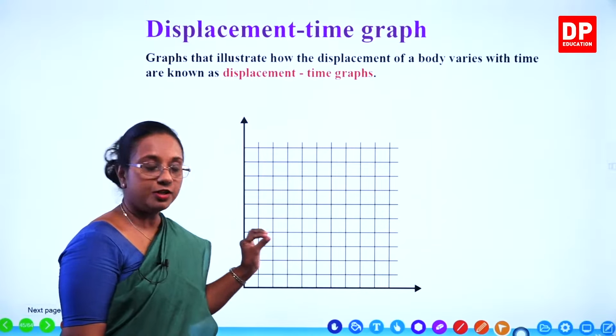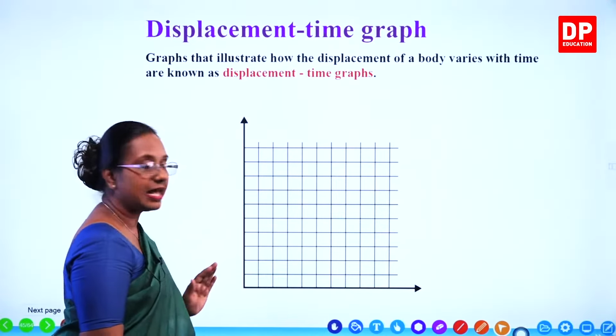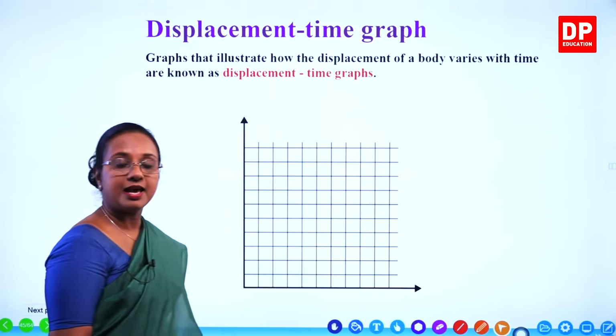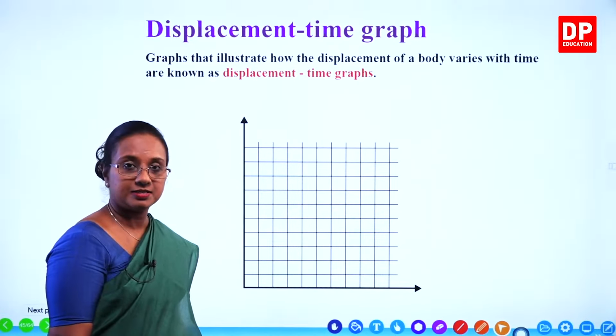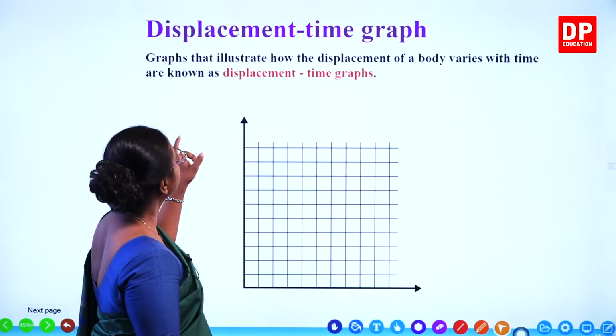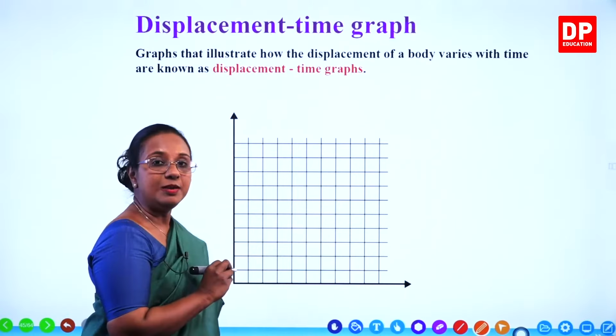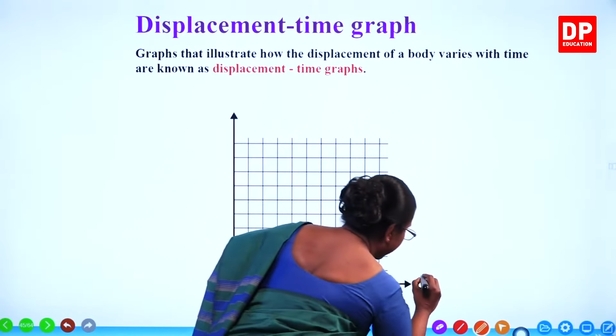In a graph, you all know this line, this axis is the y-axis and the second axis is the x-axis. So here we are going to plot displacement against time. We mark the x-axis as time.